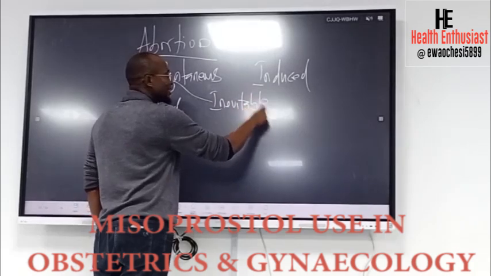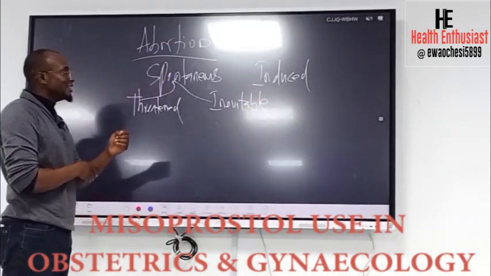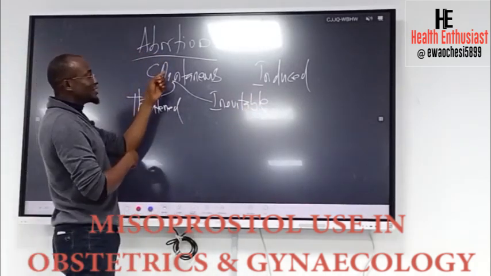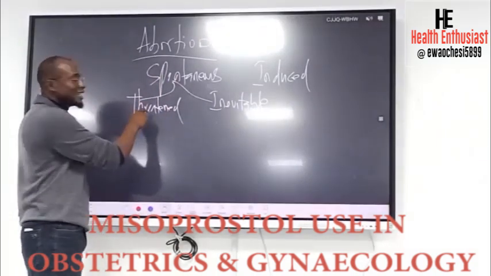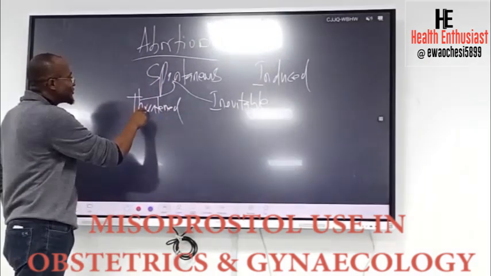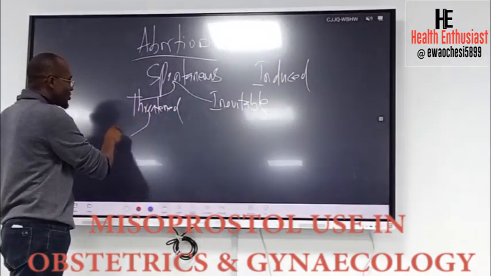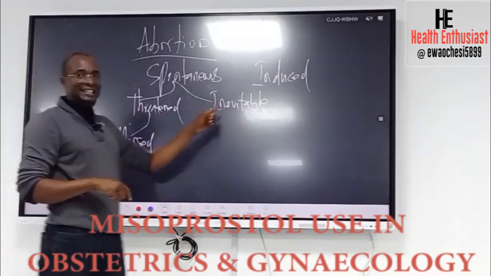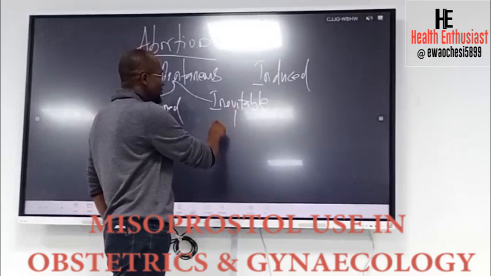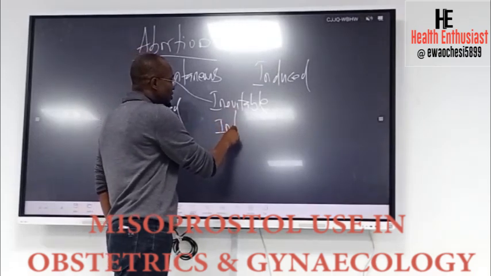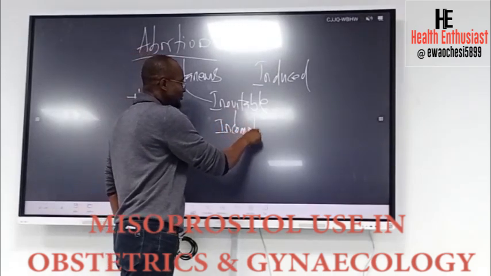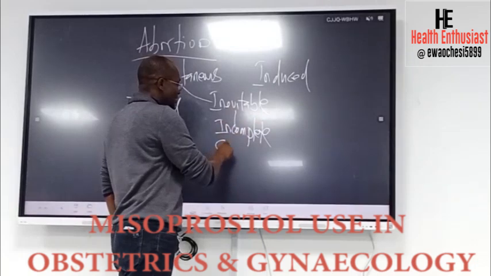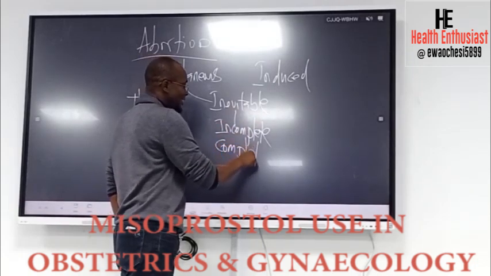Threatened abortion and inevitable abortion, right? Now, that is under spontaneous abortion. Threatened abortion is further broken down into what we call missed abortion, right? And then inevitable abortion is broken down into incomplete abortion and then complete abortion, right?